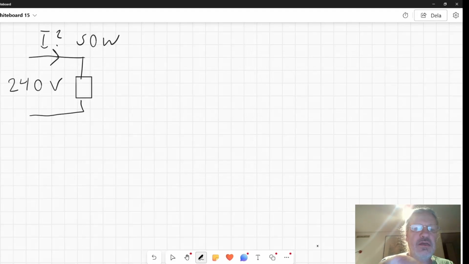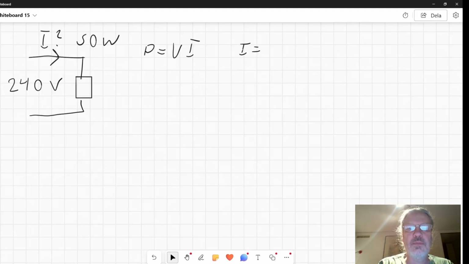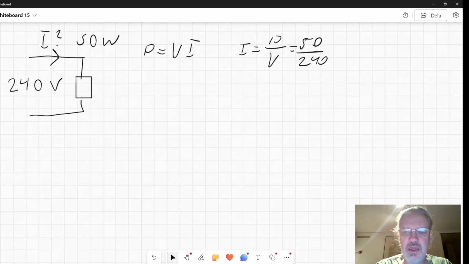Okay, so we have that power equals voltage times current, which means that our current equals our power divided by our voltage. And the power was 50 divided by voltage, that was 240.